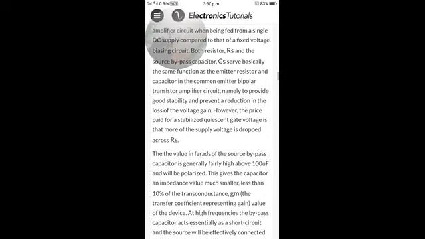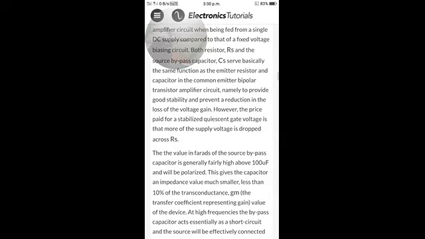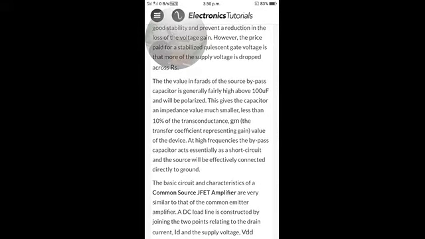Therefore, at high frequencies, the bypass capacitor connected at the source terminal, that is CS, acts as a short circuit, and the source will be effectively connected directly to the ground. So there is no reduction in the amplified signal as the signal is bypassing through this capacitor connected at the source terminal.